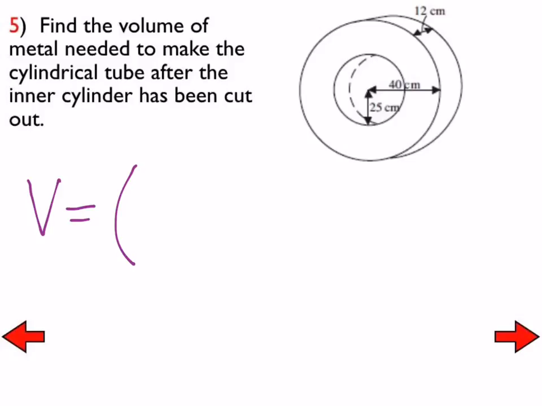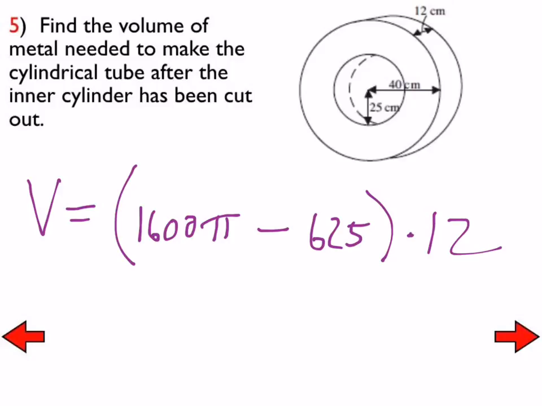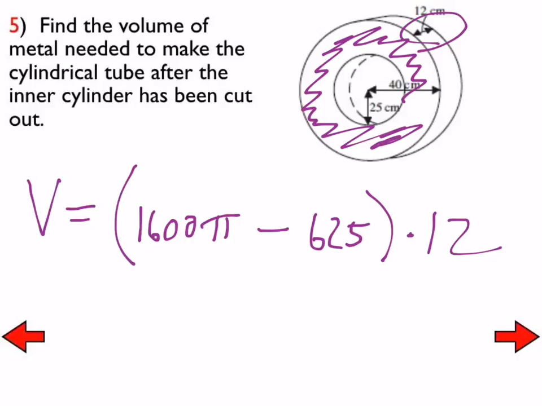He said, all right, well, the area of the outside circle in terms of pi is 1600 pi, in other words, 40 squared pi. And then he found the area of the inner circle, which is 25 squared pi or 625 pi. And then he multiplied that by 12. That's that whole idea of what I talked about at the very beginning. He found the area of this outside circle, and then he's going to multiply that by the altitude of the whole thing.